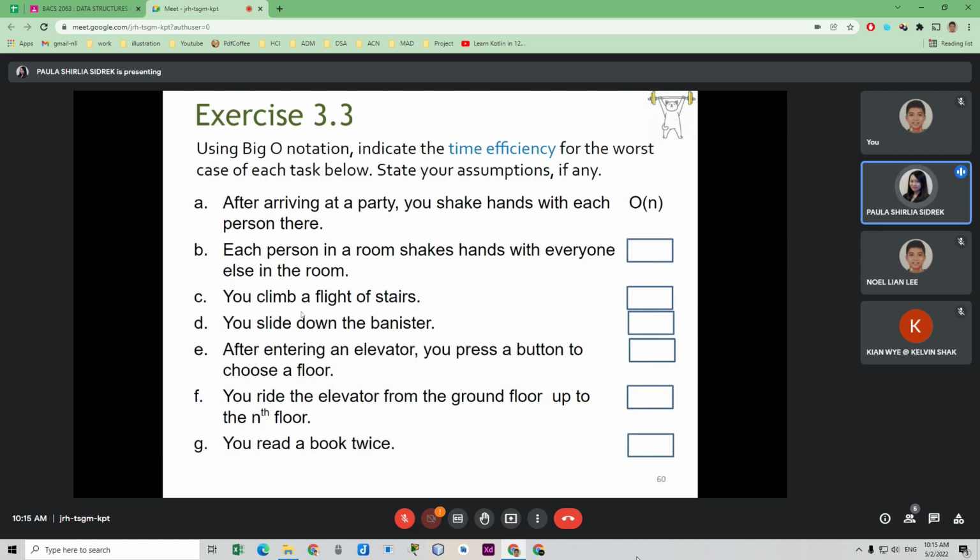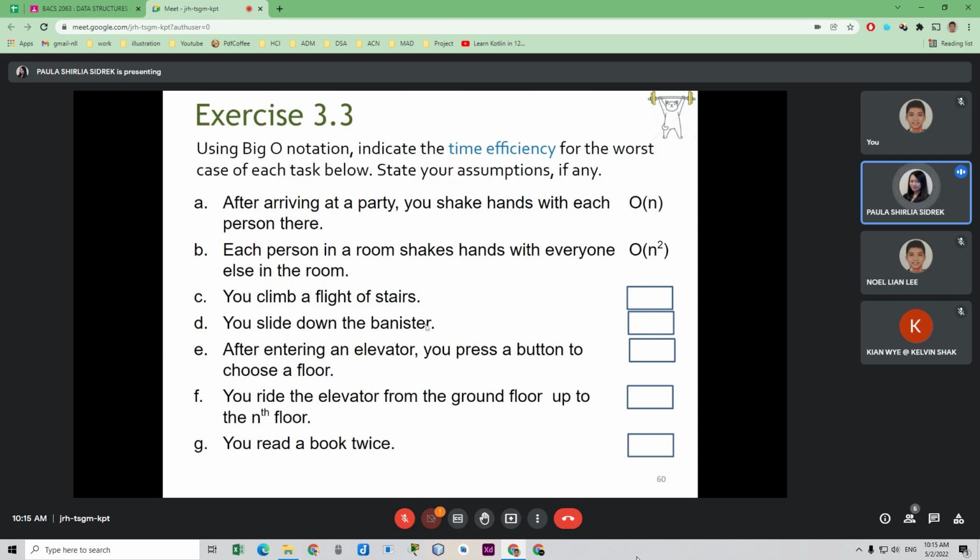Next one. Each person in the room shakes hands with everyone else in the room. Which one? N squared. O of n squared.